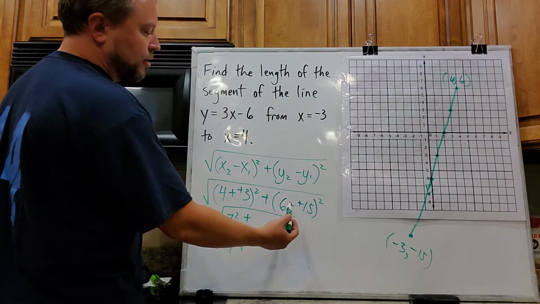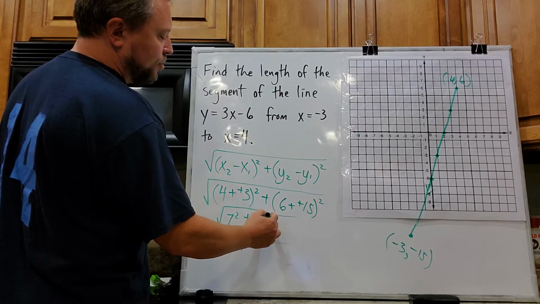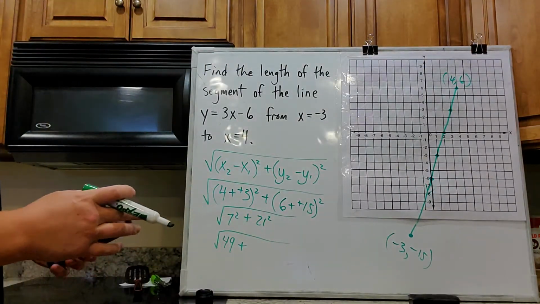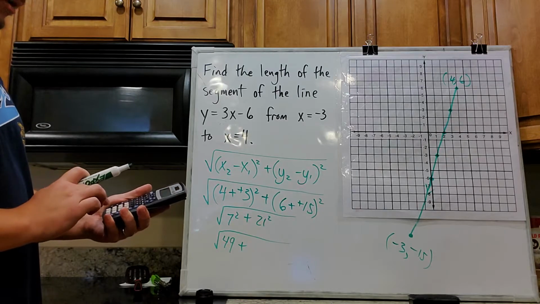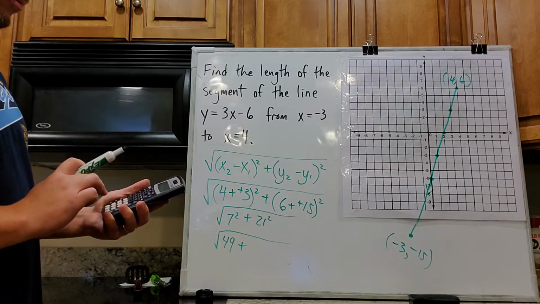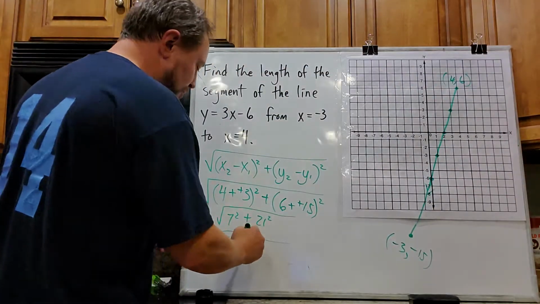Plus 6 plus 15 is 21. 21 squared. That's too big for me to remember here, although I should know this one. I want to say 484, but I don't think that's right. 441, that's what it is.